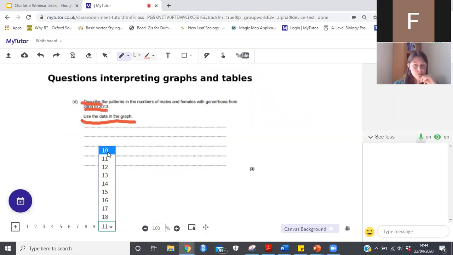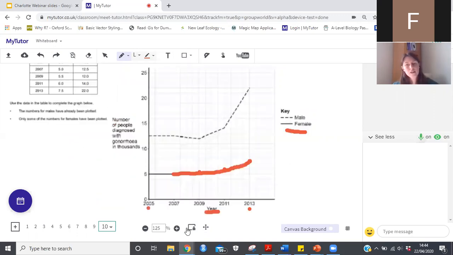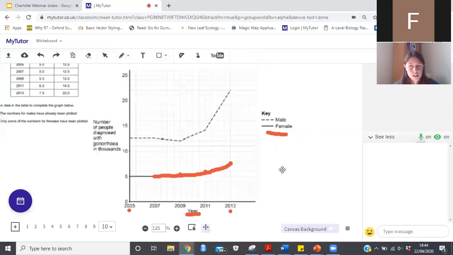Let's go back to the graph. Here we are. There's my not very neat plotting there. I'm sure yours would be much neater in an exam. But we can see that, as we noticed before, and as we've just gone through in the answers, males always have higher cases of gonorrhea than females.